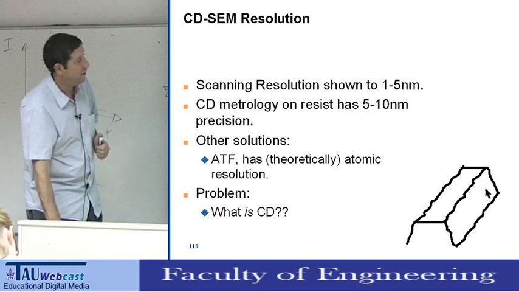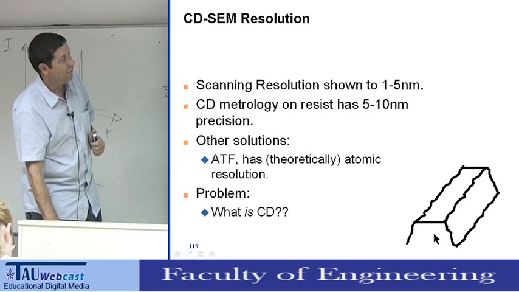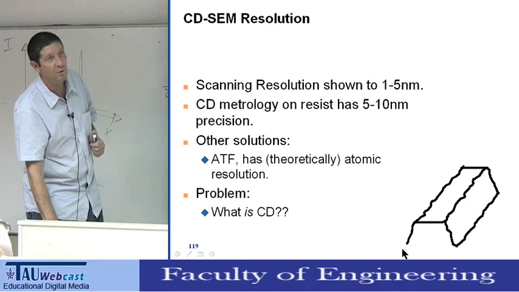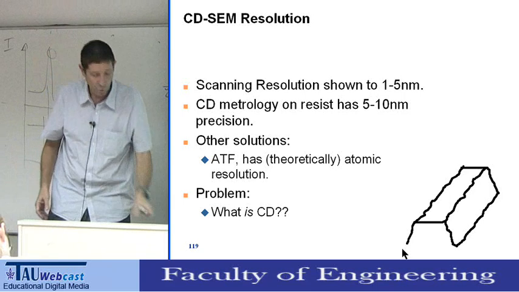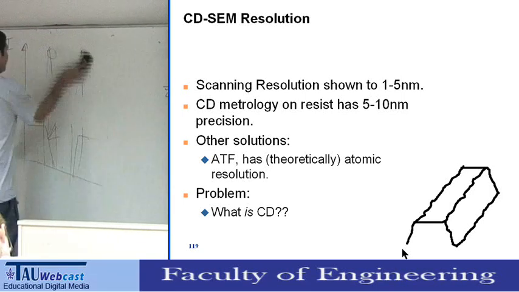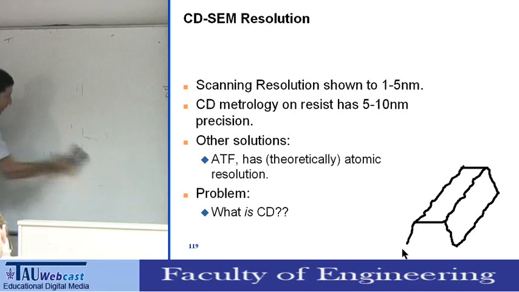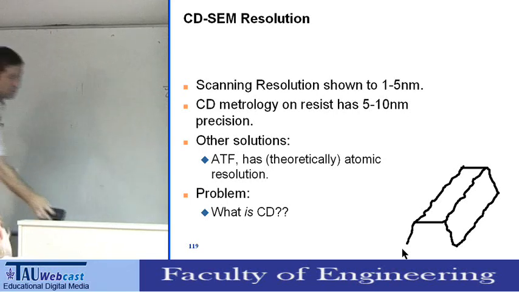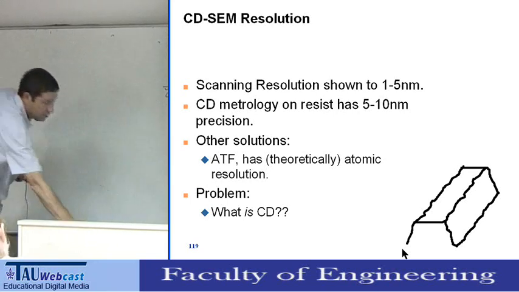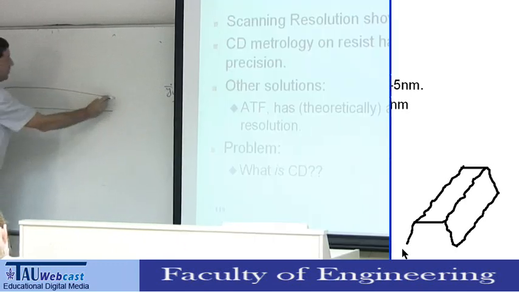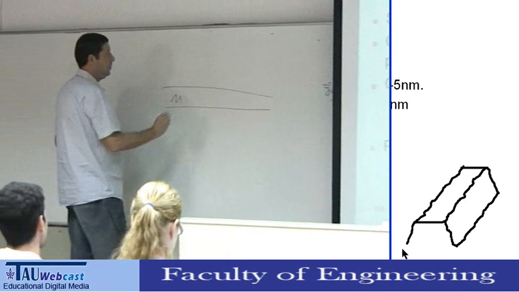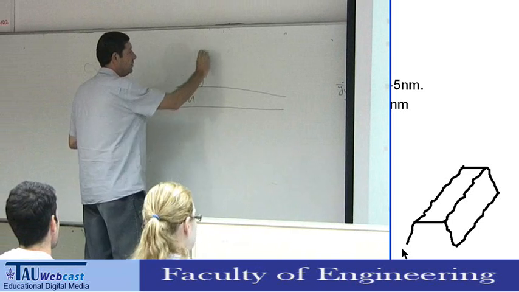Second, people found out that this line edge roughness, you transfer it to the substrate when you do the etching. And if you define a metal line, how do you define a metal line? The way to define a metal line is the following. You take your substrate, you deposit metal. This is metal. On this metal you put a photoresist.